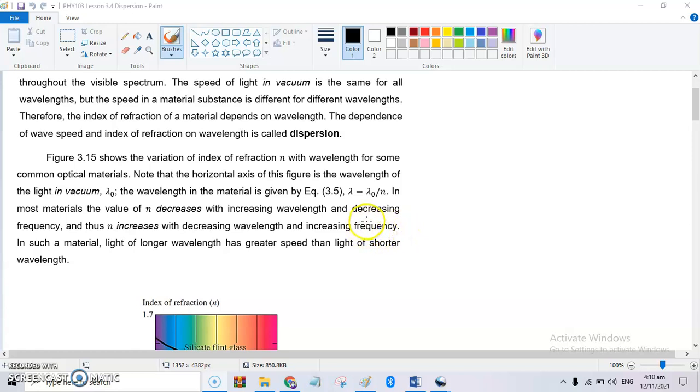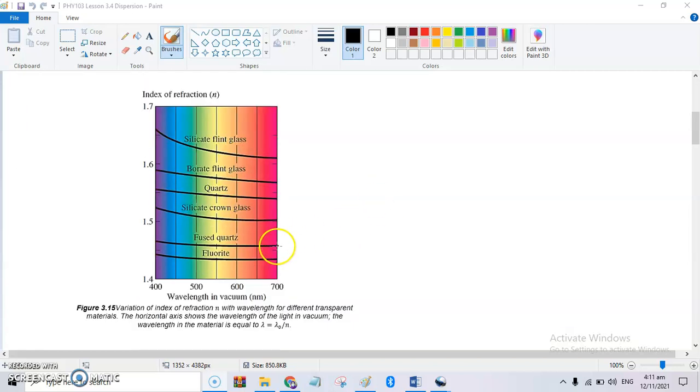Do you understand this? So, let me explain. The wavelength is equal to the wavelength of light in vacuum over the index of refraction. So from this figure, this is the wavelength in vacuum and this is the index of refraction. For example, for silicate flint glass, there's a curved line.